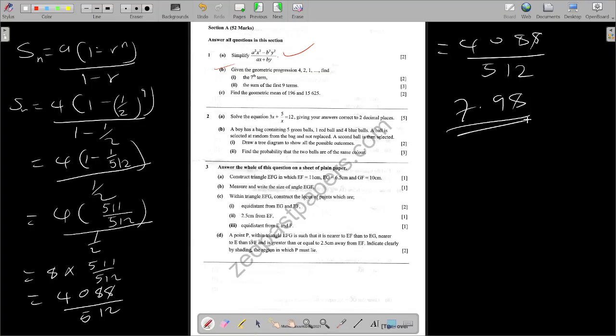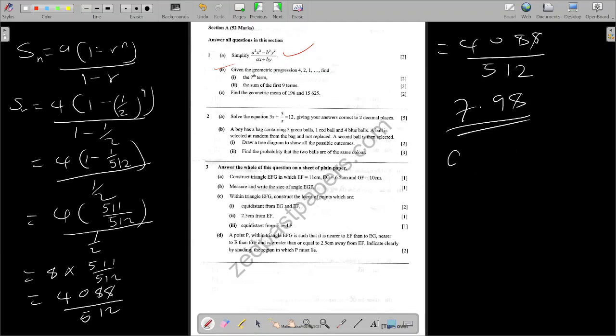Let's continue solving. Find the geometric mean of 196 and 15,625. The geometric mean of two numbers A and B is given by the formula.